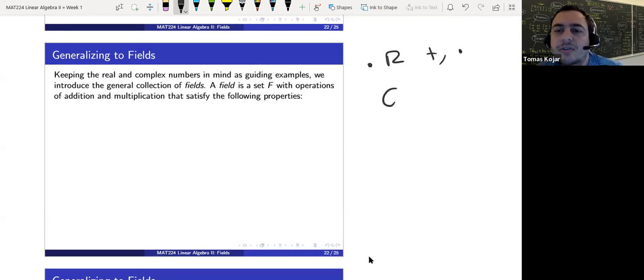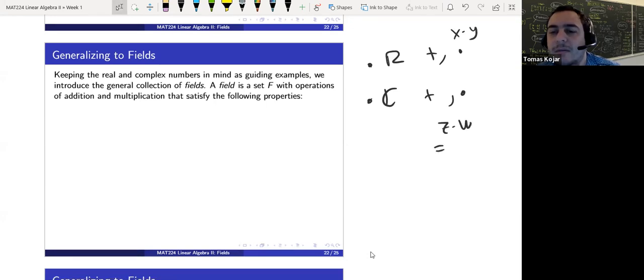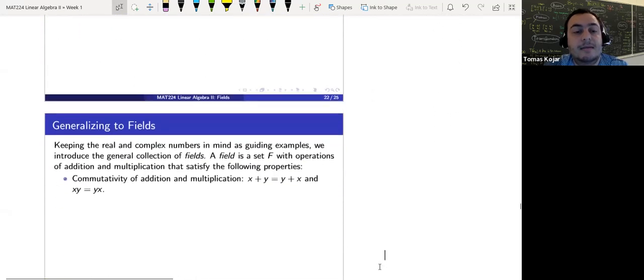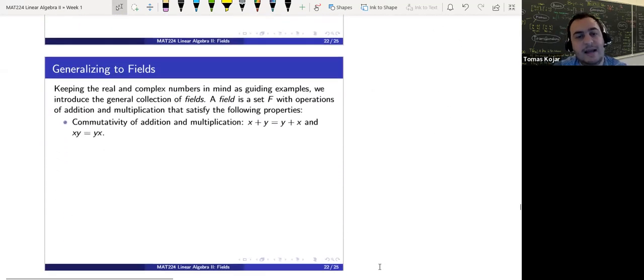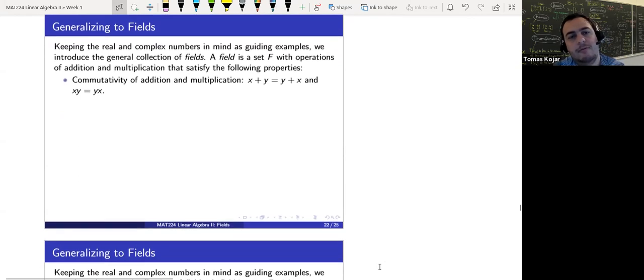Complex numbers are also a field with plus and multiplication, right? So here we have x times y. Here we have z times w. It was this long thing, right? A, B, and so on. And so let's go through each of the axioms, and I will do them for real and complex, okay?